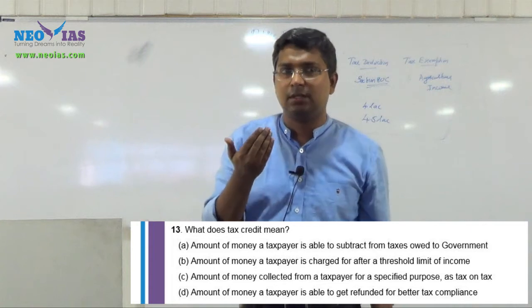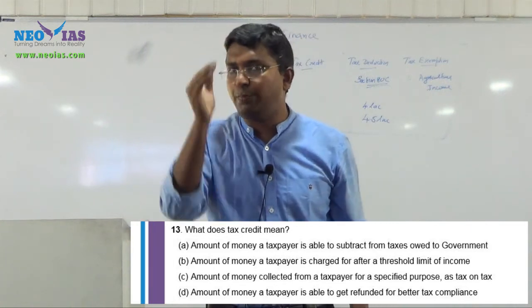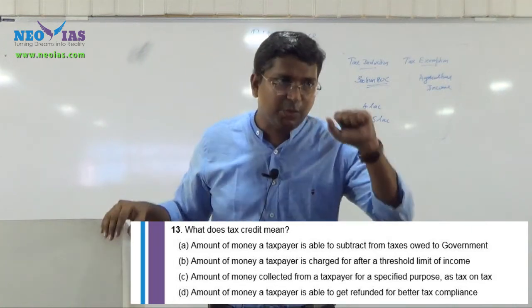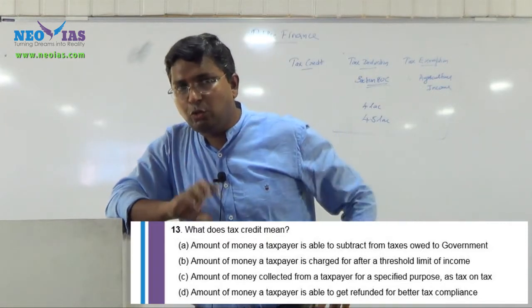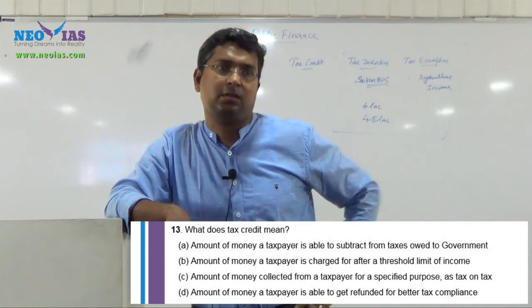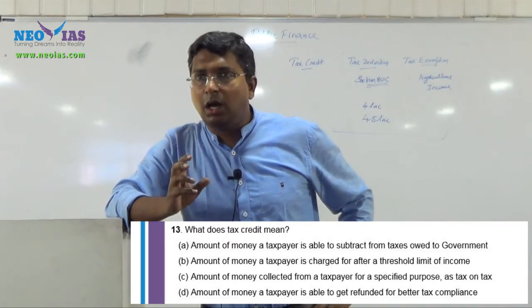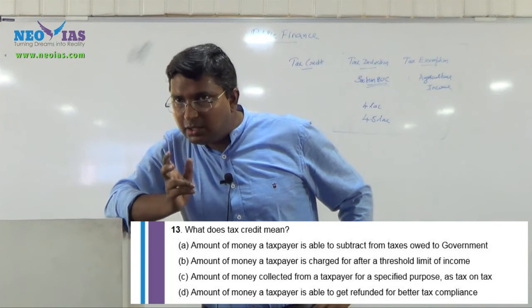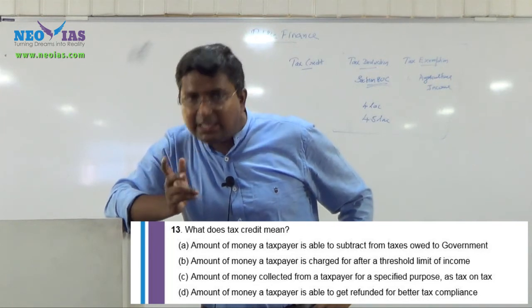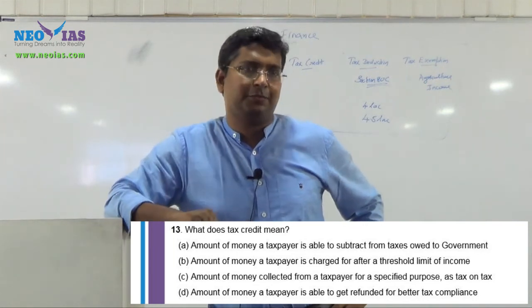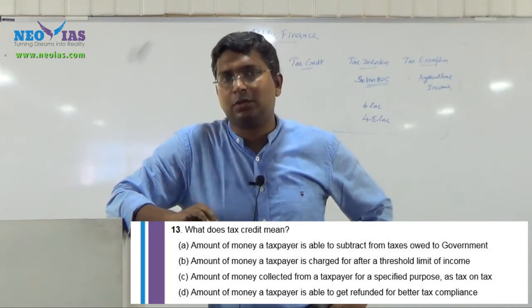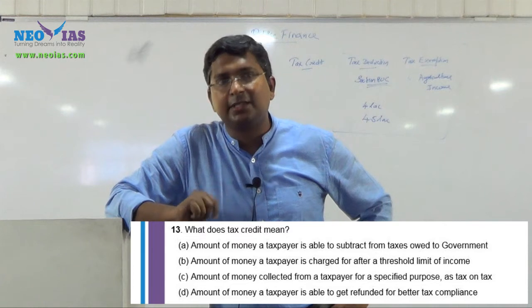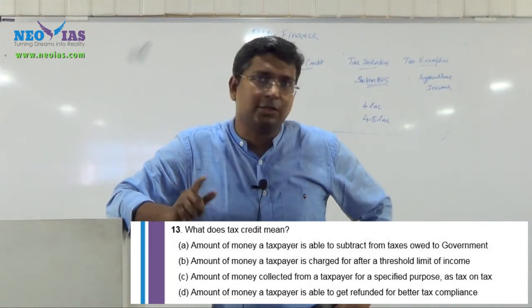Now when it comes to tax credit, tax credit means you owe the government this much tax. Imagine you have to pay tax of 10 lakh, but the government, to promote certain things, provides a credit. For example, take the case of VAT, value added tax. When we discussed value added tax, we discussed tax credit, yes or no?